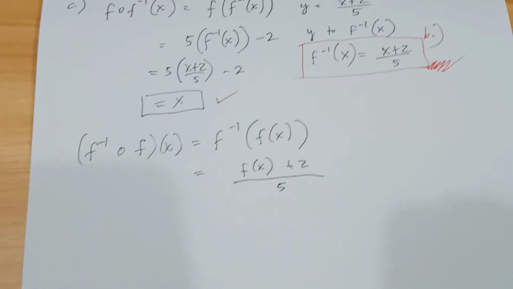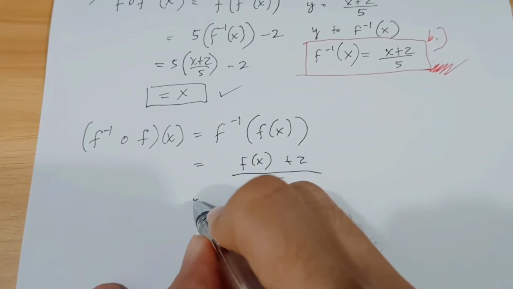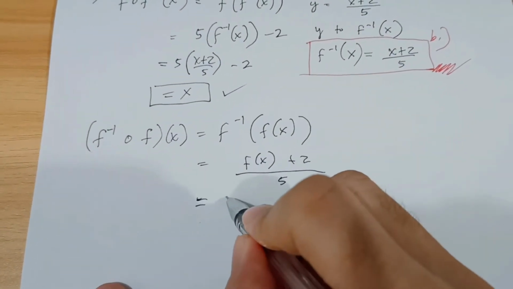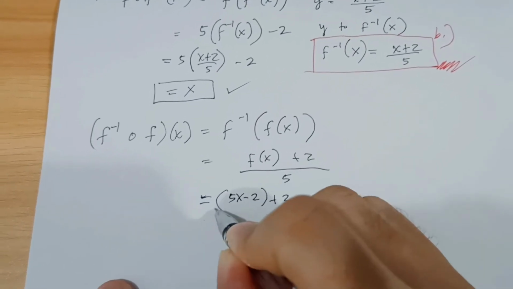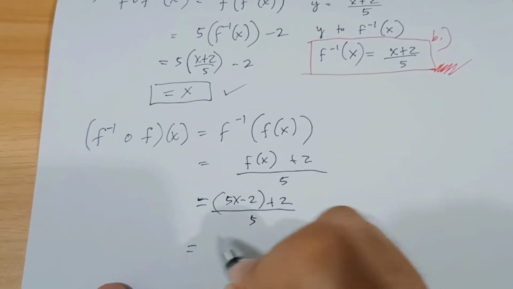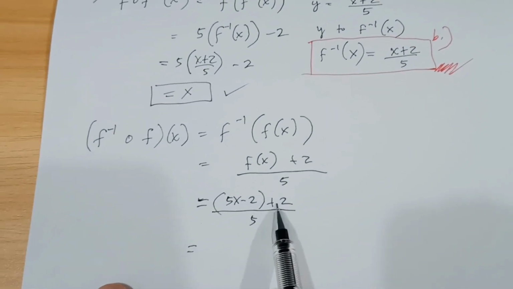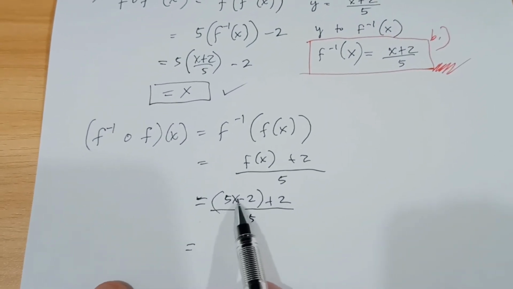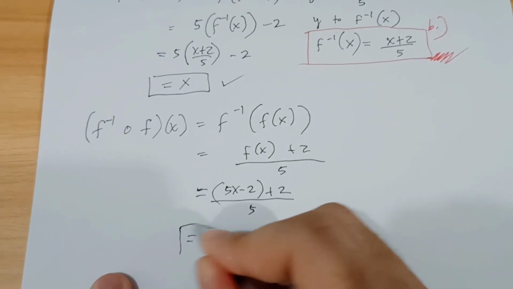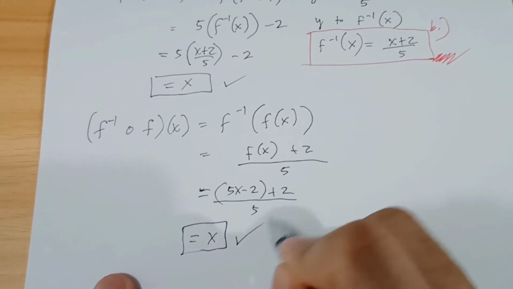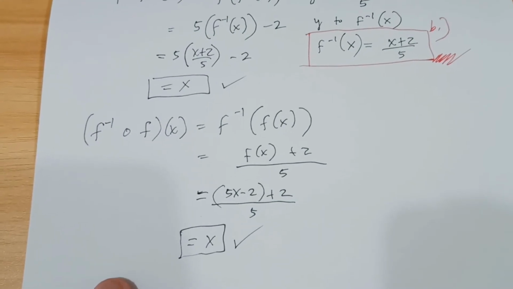So ganun lang siya, no? Pag composite function. Ito, ang function natin ay 5x minus 2 plus 2 over 5 is equal to, ito, negative 2 plus 2, 0. 5x na lang matitira. 5x divided by 5. So, x. So, yun, na-verify natin na inverse talaga sila.